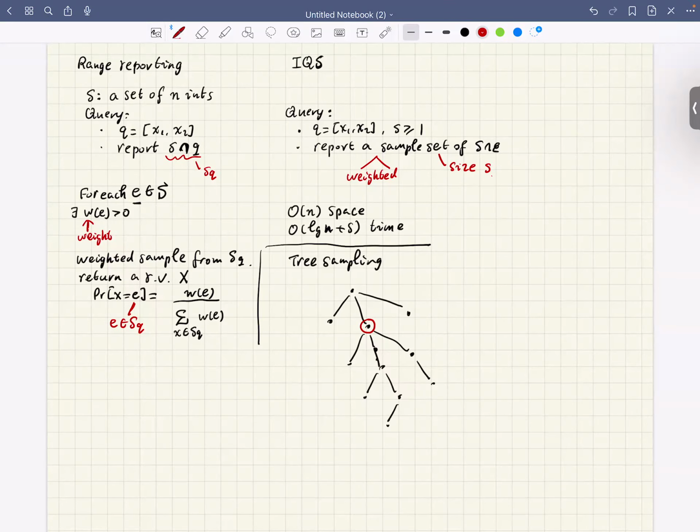So what do I mean by this special version? Now I am giving you a self-contained definition here. This is a special version of IQS, the IQS version of 1D range reporting.